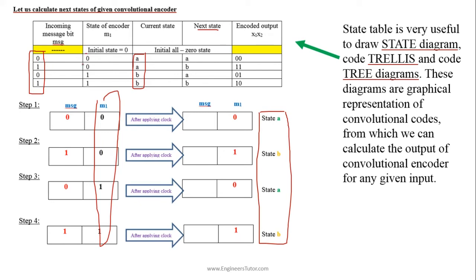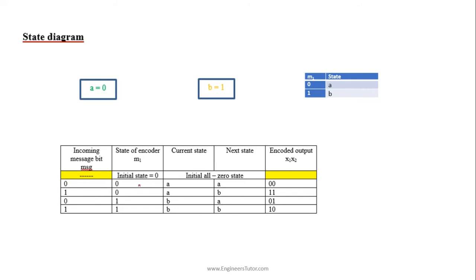So the initial state is this one, and the next states are the same: state A, AB, AB. We have understood how to prepare this state table, because it is useful to draw the state diagram, trellis diagram, and also tree diagrams.